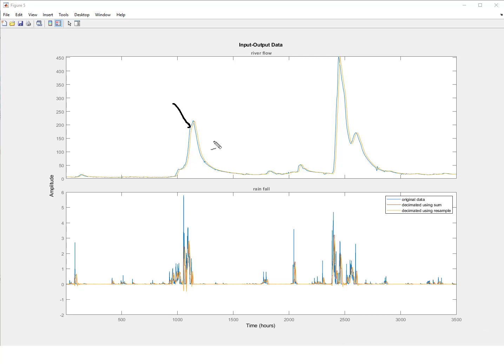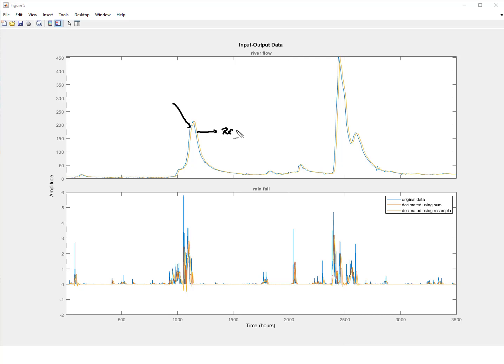And in the data sets, very often there is also oversampling, right? You'll have to determine the decimation factor. And what you can do then is, of course, decimate the data. And what you can see in orange here is the decimated river flow using the resample command.